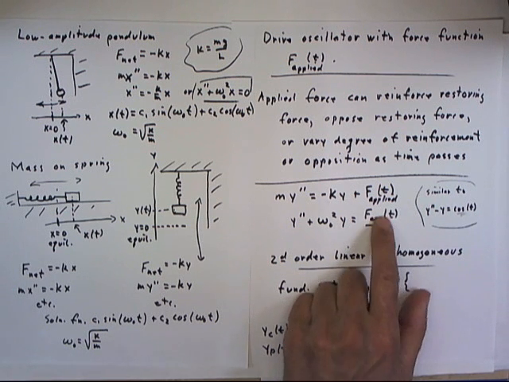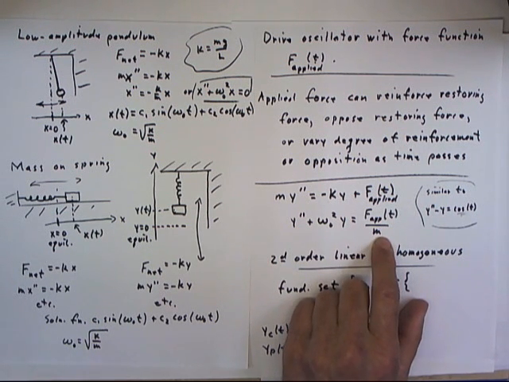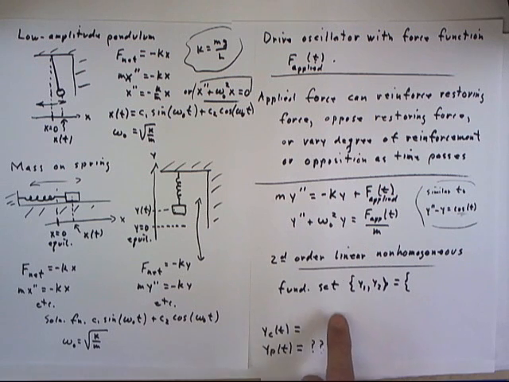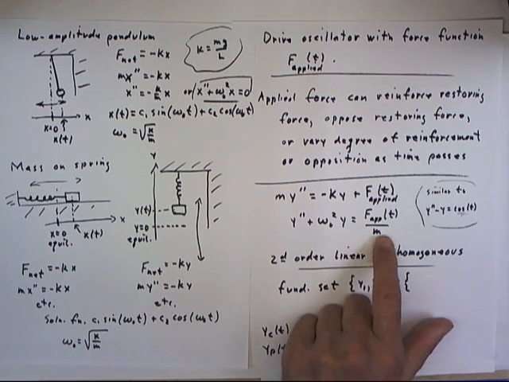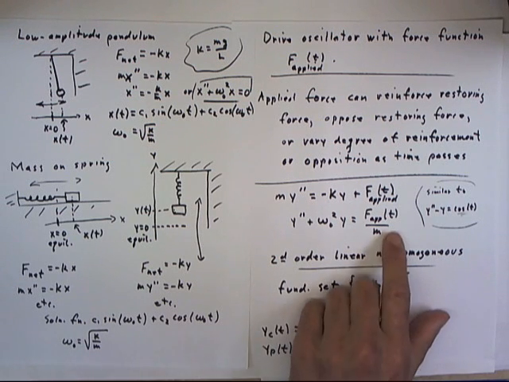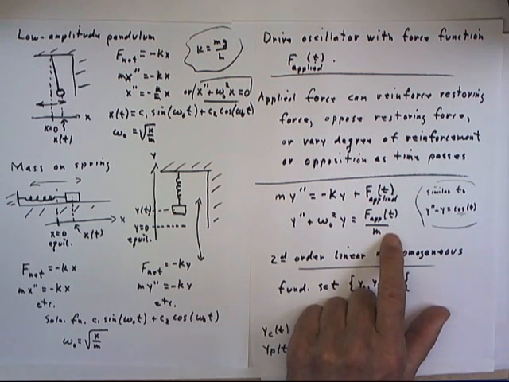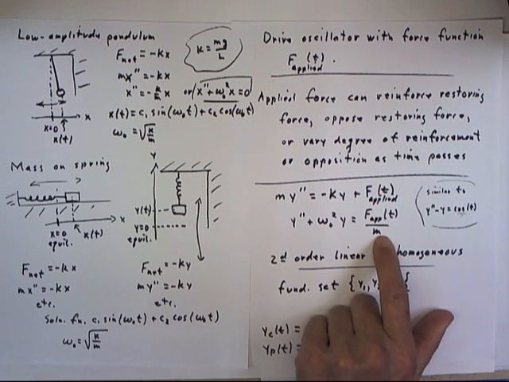It could be that our applied force is such that we can use undetermined coefficients to solve the second order linear equation. It could be that we might, in some cases, need to use variation of parameters to solve the non-homogeneous equation.